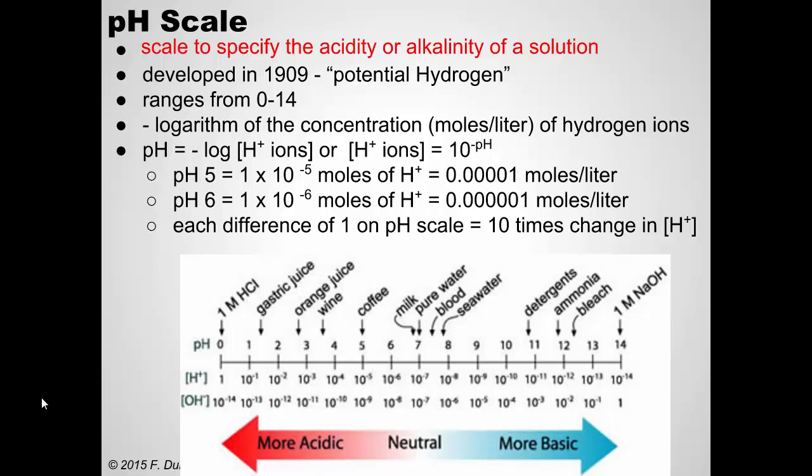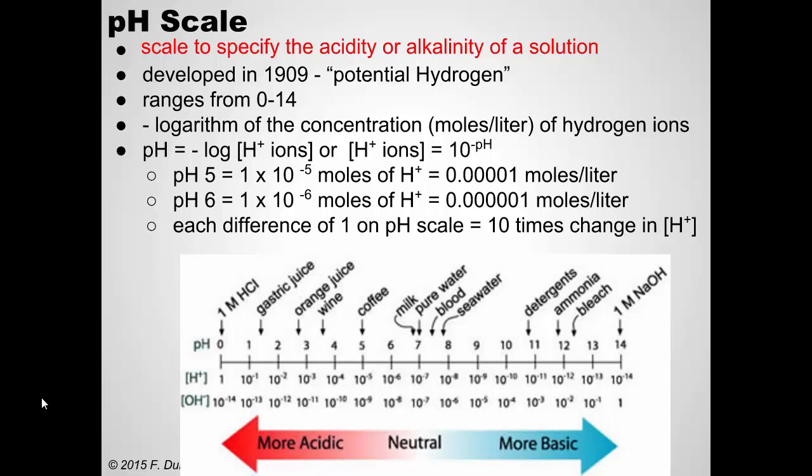And when we look at some common substances, pure distilled water is a pH of 7. It is neutral. Okay? As we go to acidic substances, things like milk, coffee, wine, orange juice, gastric juices found in our stomach, we go down further, all the way down to hydrochloric acid at the one end, which is very acidic.